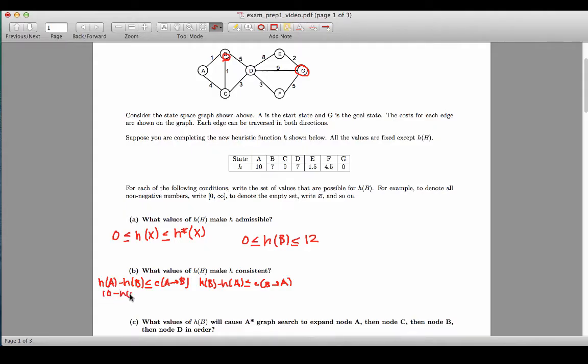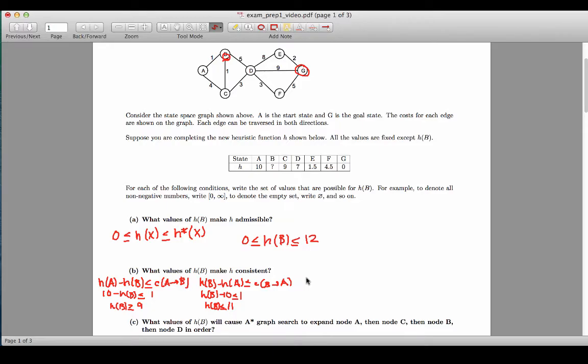H of b is what we're concerned with, and the cost from a to b is 1. And similarly over here, we have h of b minus 10 is less than or equal to 1. So this first inequality yields h of b greater than or equal to 9 and h of b less than or equal to 11.